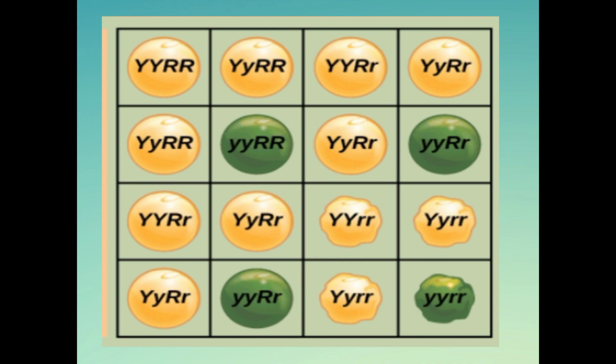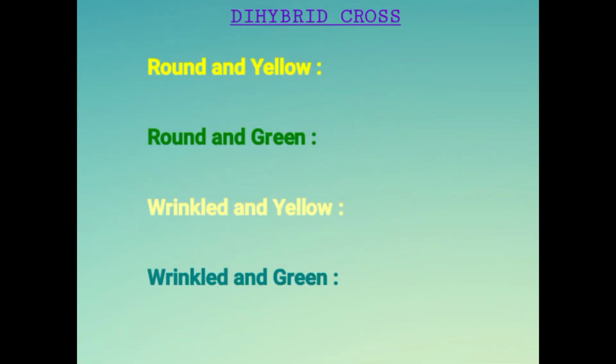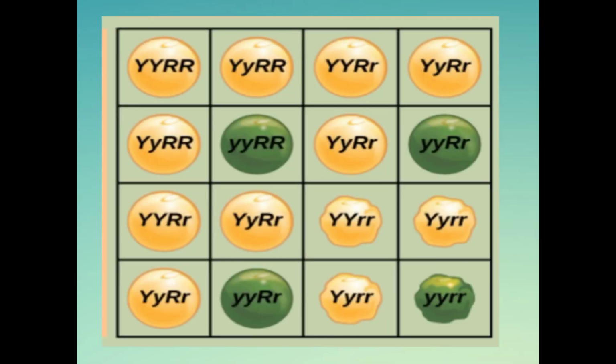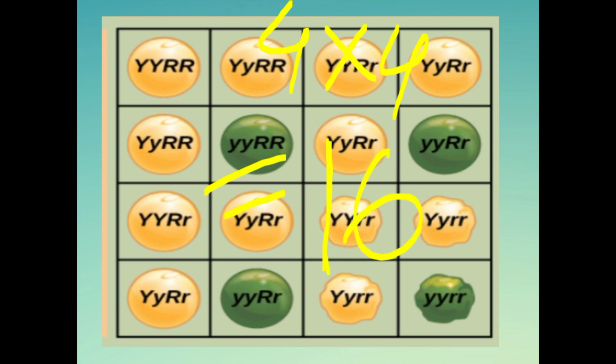Okay, now another question comes: here we are having 4 into 4, so 16 boxes.